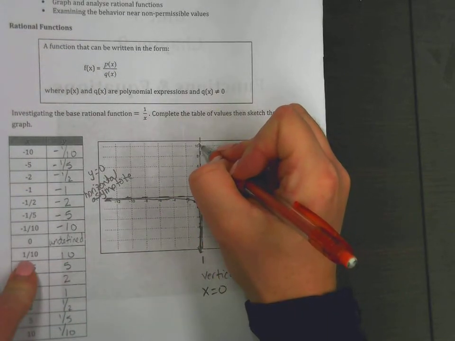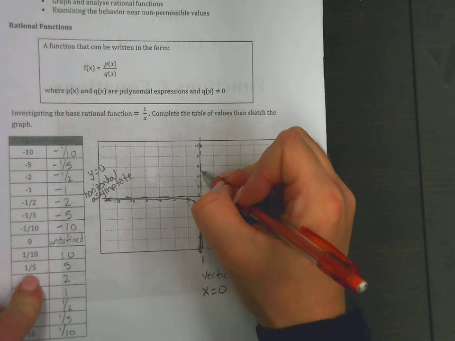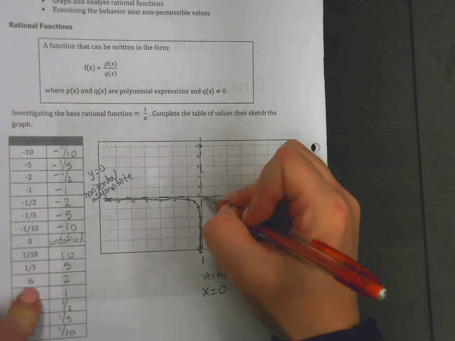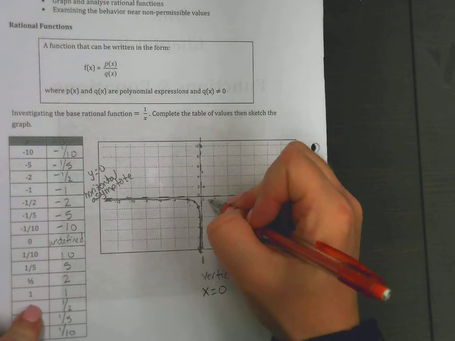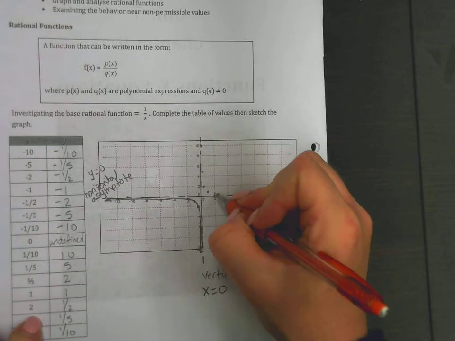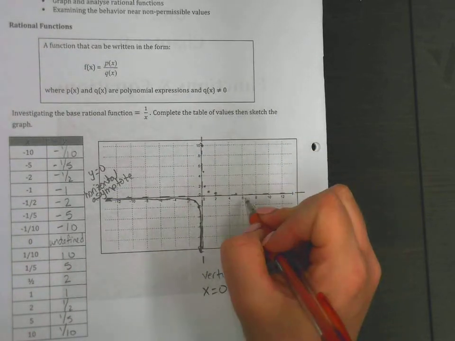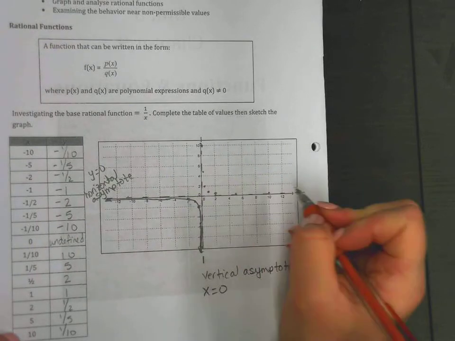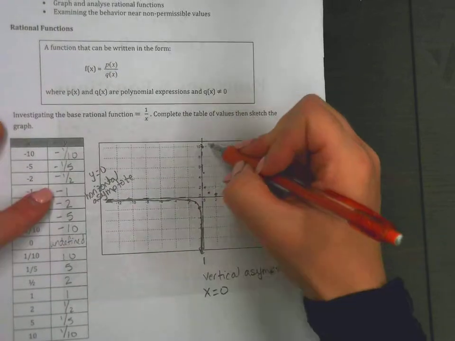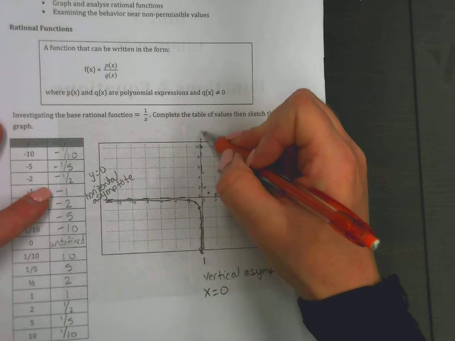At 2 we get 1/2. At 5 we get 1/5, and at 10 we get 1/10. So we get this same type of graph here. As our x values get closer to 0, our y values are increasing to infinity. As our x values approach infinity, my y values are approaching 0.